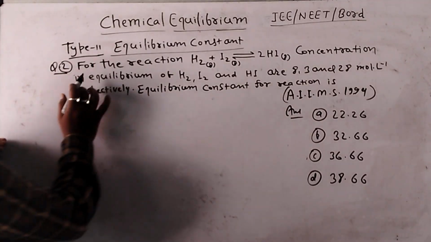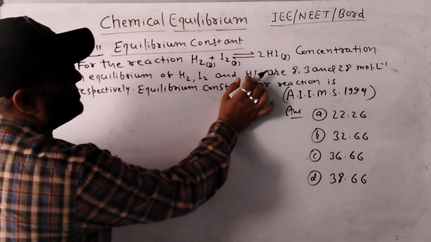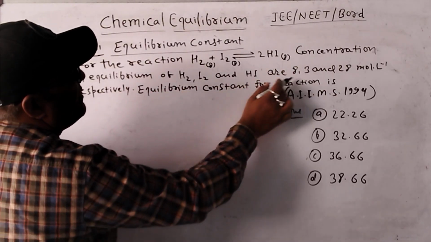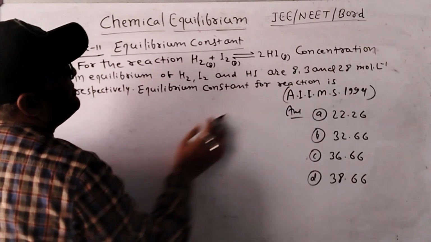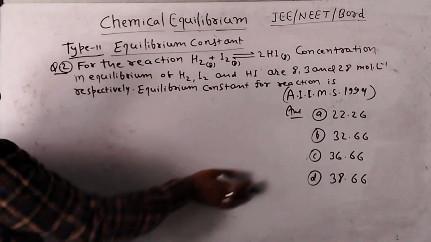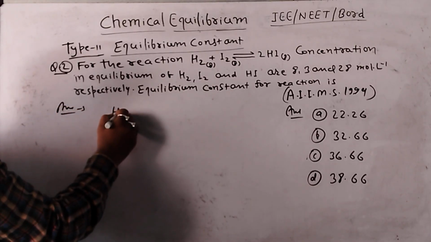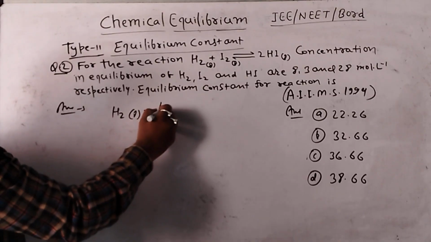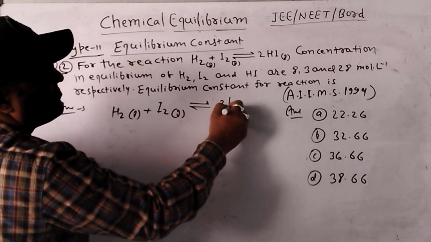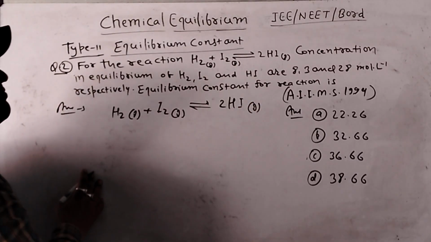Now according to the question, for the reaction H2 + I2 ⇌ HI, this is a reversible reaction. Concentrations at equilibrium of H2, I2 and HI are given as 8, 3 and 28 mole per liter respectively. Options for the equilibrium constant of the reaction are given. According to the question, H2 gas reacts with I2 gas, then in the reversible reaction 2 moles of hydrogen iodide gas are formed.